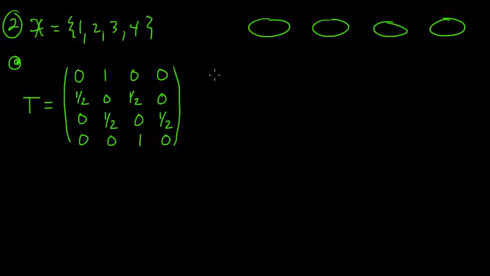And let's think about those properties here. So we had irreducibility. Is it irreducible? In fact, it is. It's pretty easy to check irreducibility, but it is not aperiodic. So it's not aperiodic, or you might say it is periodic.